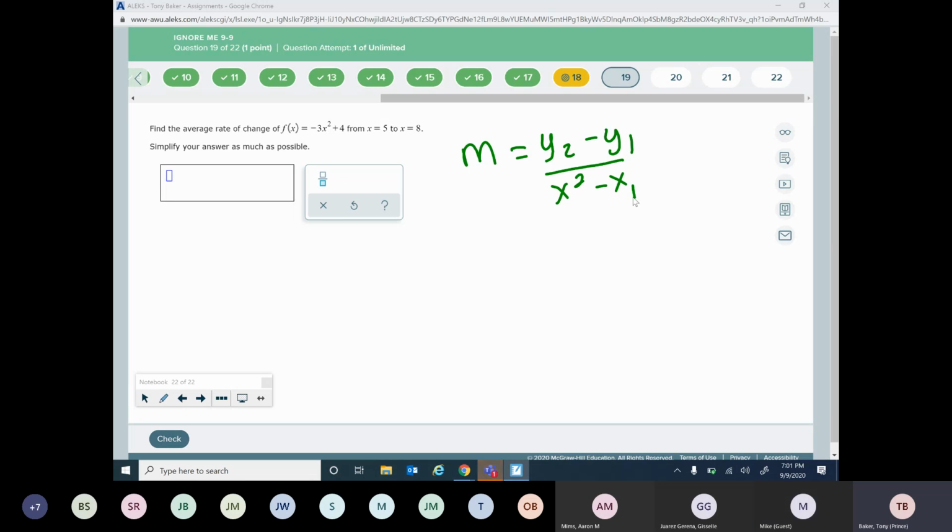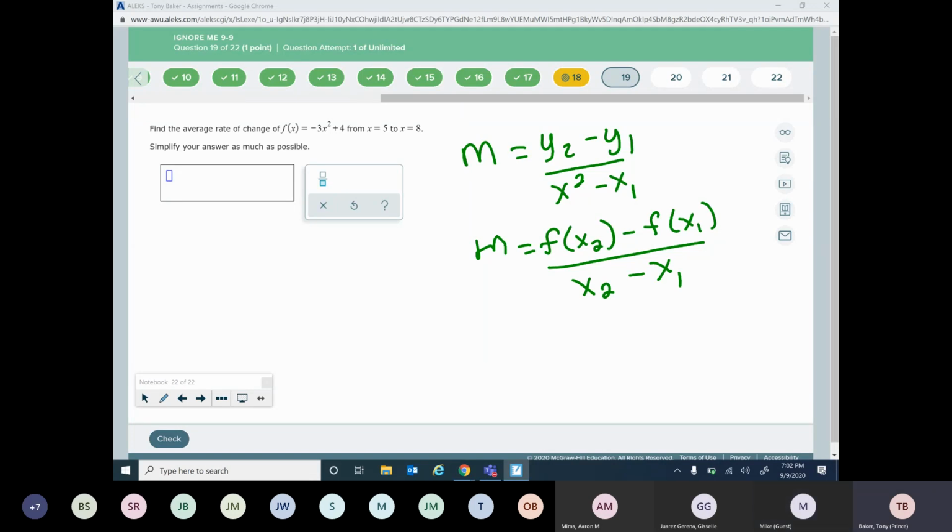So now, when we're looking at a function, you don't necessarily have the x's and y's, but we can find them. So f of x is going to give me my y values. They're giving me my x's. I need to find the y's before I can plug them in. So the actual format that they're using when they're doing these problems is f of x2 minus f of x1 over x2 minus x1.